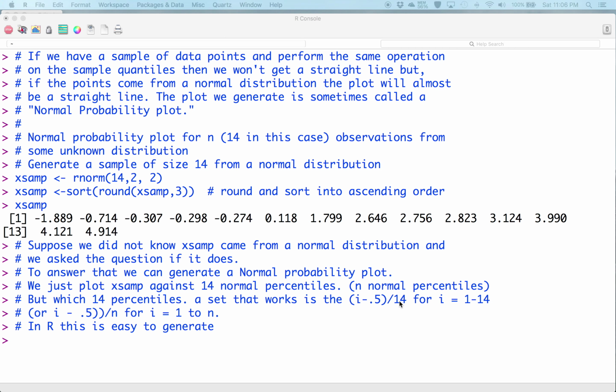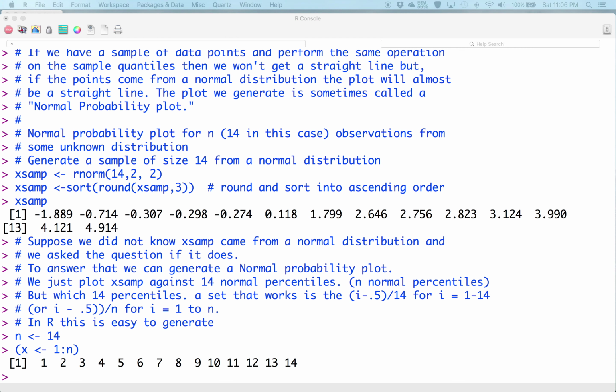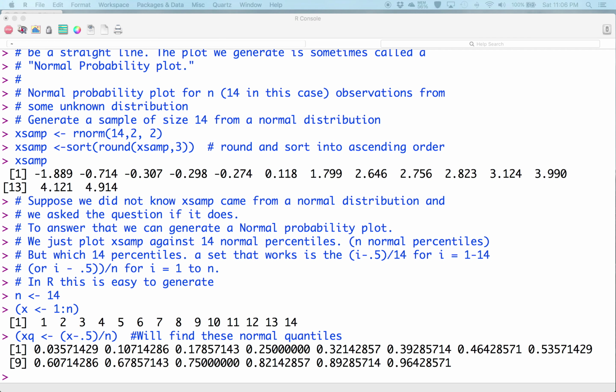In R, this is pretty easy. We could generate the vector, in this case 1 to 14. We're going to do my little conversion: x minus 0.5 over n, where n was 14.